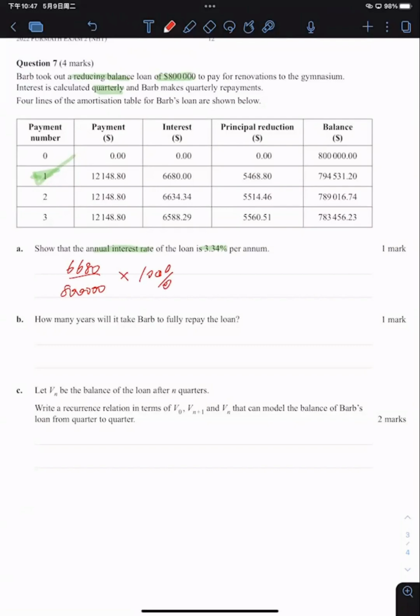So how do we get the annual rate? We need to multiply by 4. Do not forget about it. And finally, you find the answer is 3.34%.